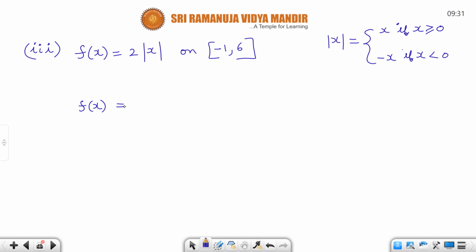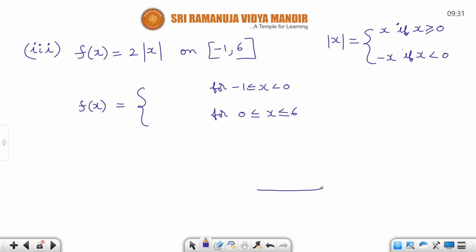In this small interval, -1 to 6, we will take -1 less than or equal to x less than 0, and the other part 0 less than or equal to x less than or equal to 6.